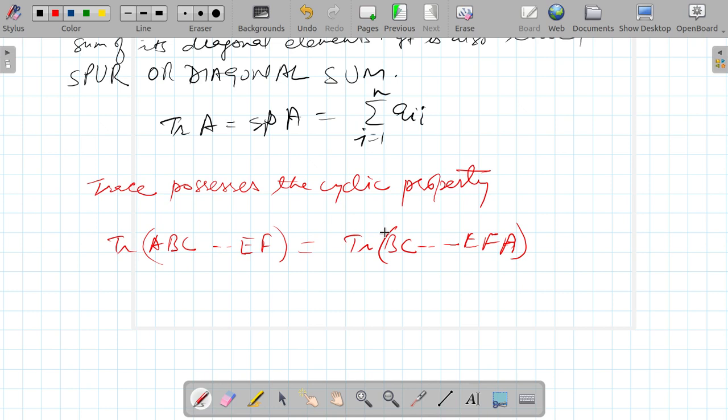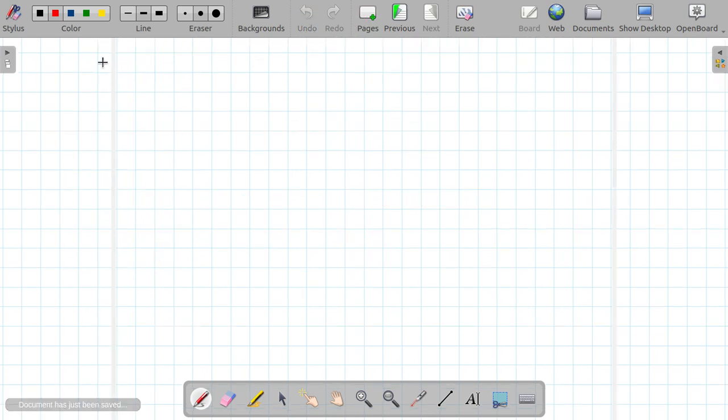Then let us define the inverse of a matrix.